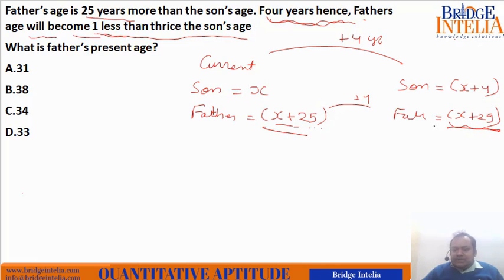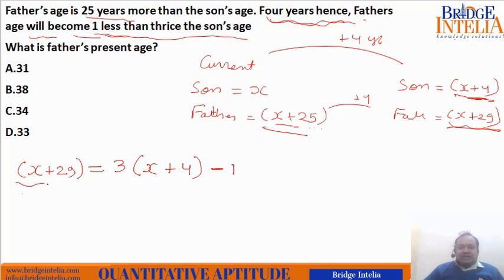Father's age, that means X plus 29, 4 years later is equal to 1 less than thrice the son's age. So thrice the son's age, that means 3 times son's age. So son's age is X plus 4. So thrice the son's age minus 1. So father's age that time will be equal to 3 times son's age that time minus 1.